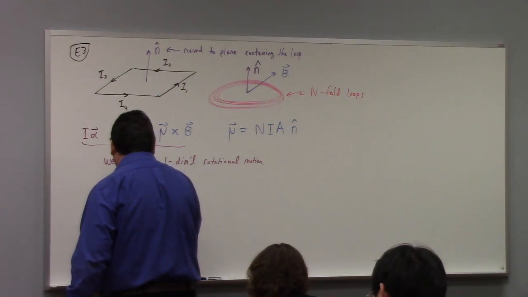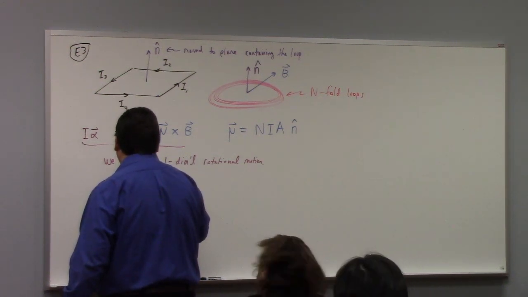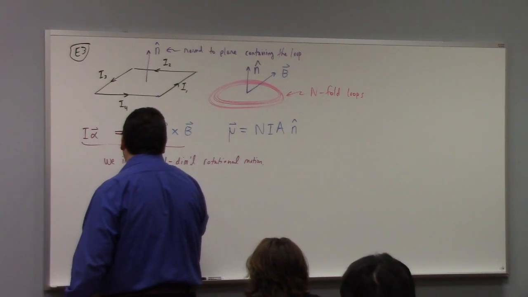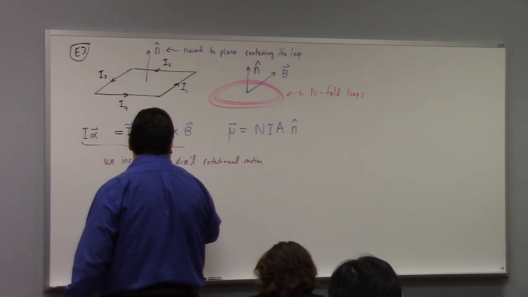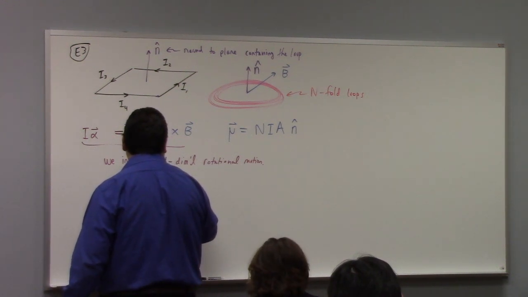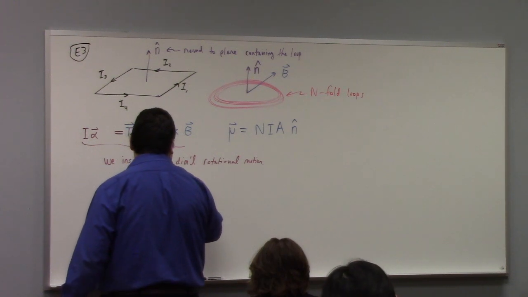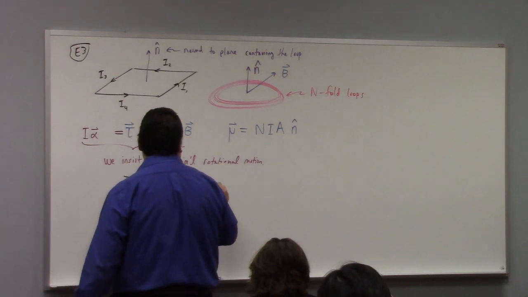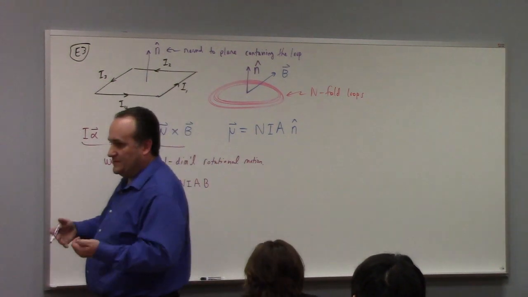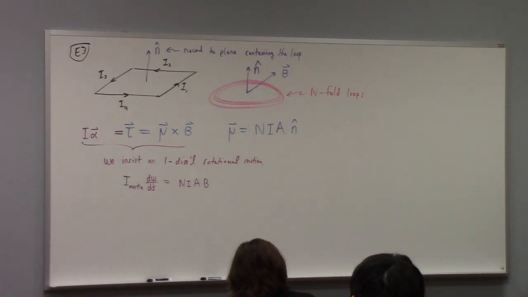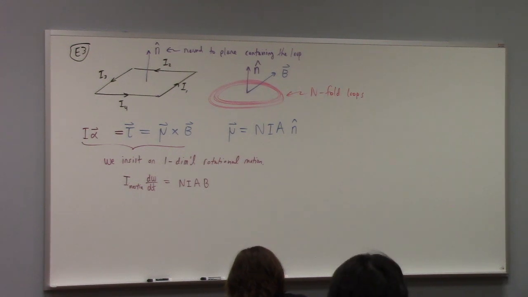So like, this is the inertia times d omega dt would be equal to N I A times the magnetic field, assuming that, of course, everything is aligned so that the cross product is maximized. So if you were given a current loop and a magnetic field, and you were told the actual moment of inertia of the loop, then you could figure out the angular acceleration, how fast it would make the loop spin and so forth, all right?